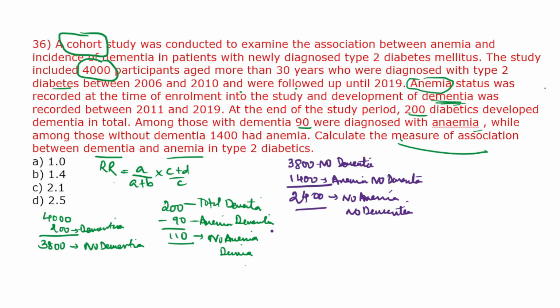So let us substitute what goes into what. We will form a tabular column: dementia, no dementia, and then anemia, no anemia.